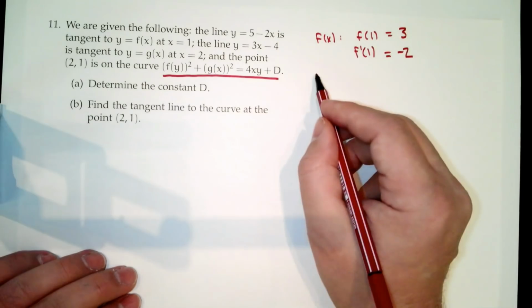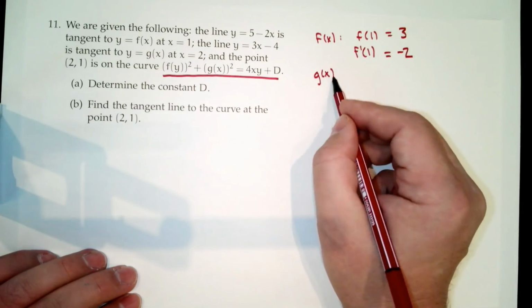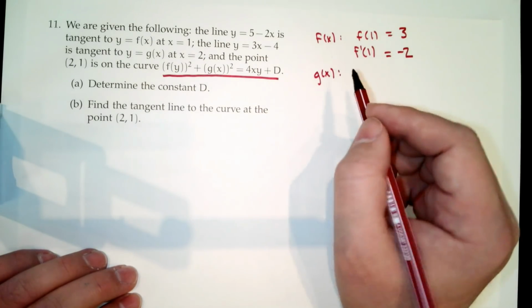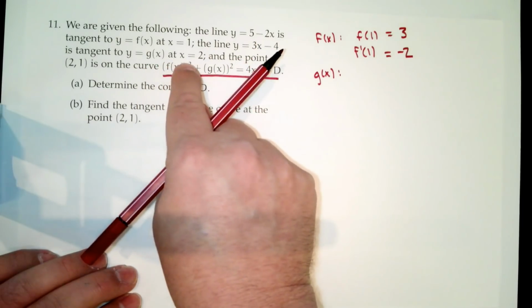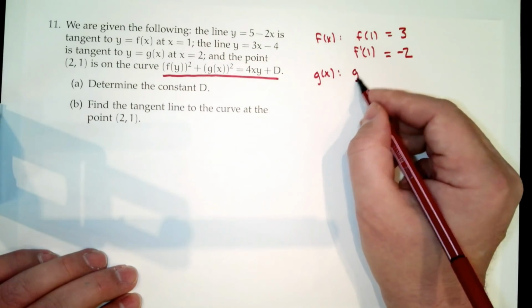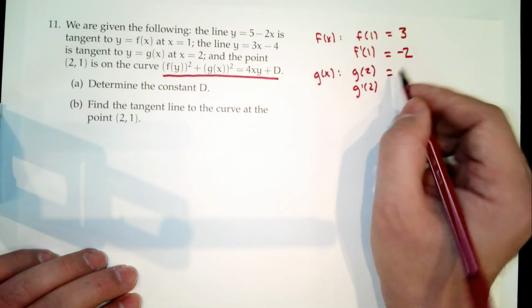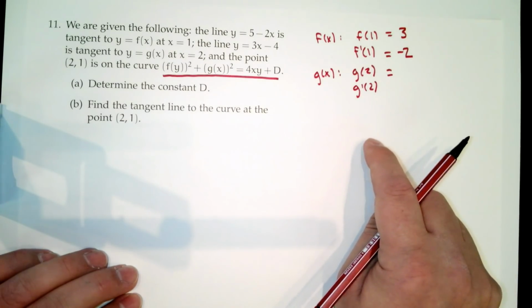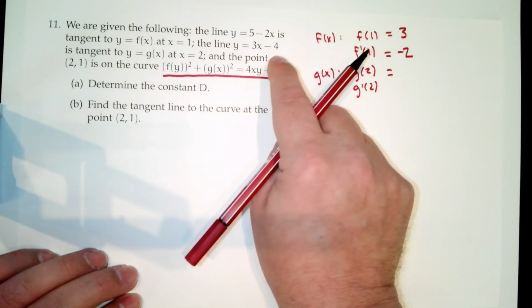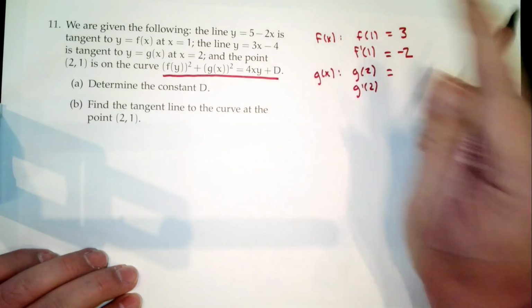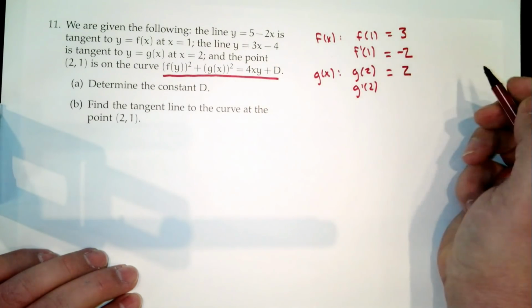Now, for g of x, again, we don't have a lot of information, but we do have some. And in this case, it's at 2. So we should be able to say something about g of 2 and g prime of 2. What is true about g of 2? So plug 2 into here, and we get 2 times 3 minus 4, which is 2.